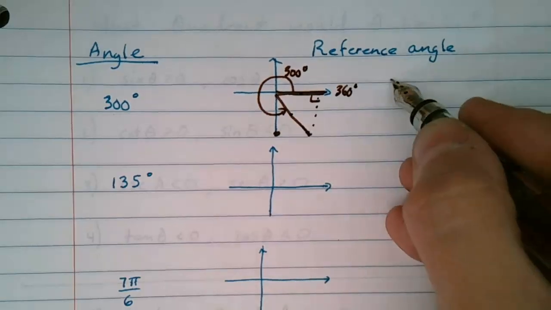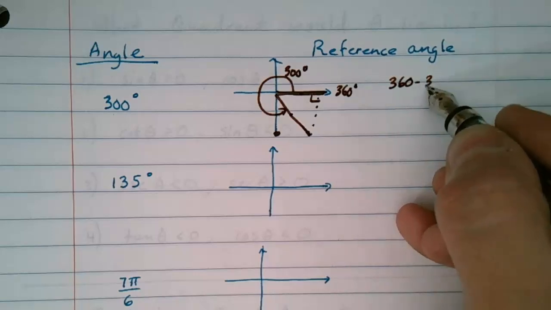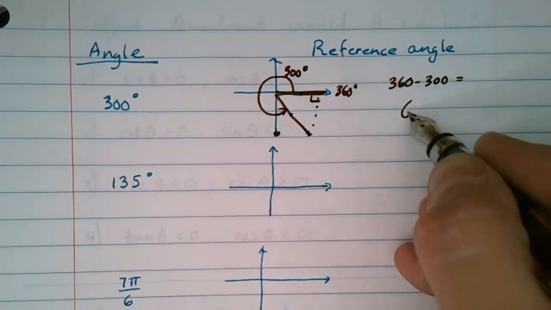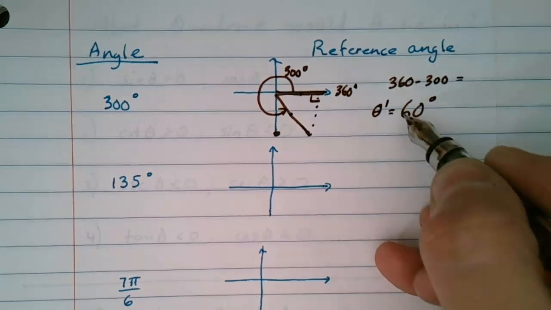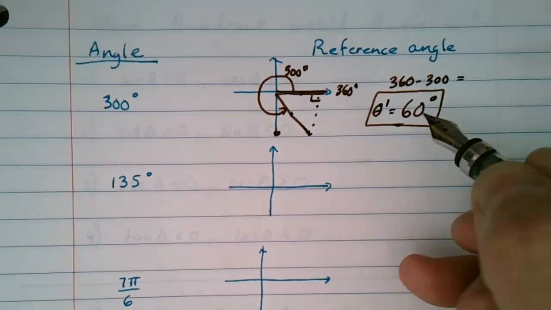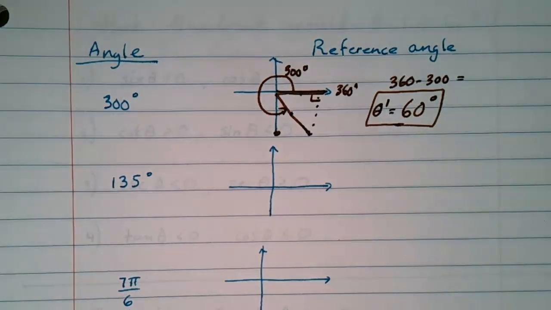Well, that's going to be 360 minus 300, which equals how much? 60 degrees. And we call this our reference angle, and reference angles are denoted by theta prime. Now hang on to that because we're going to come back to it in just a minute. Okay, so theta prime, 60 degrees.